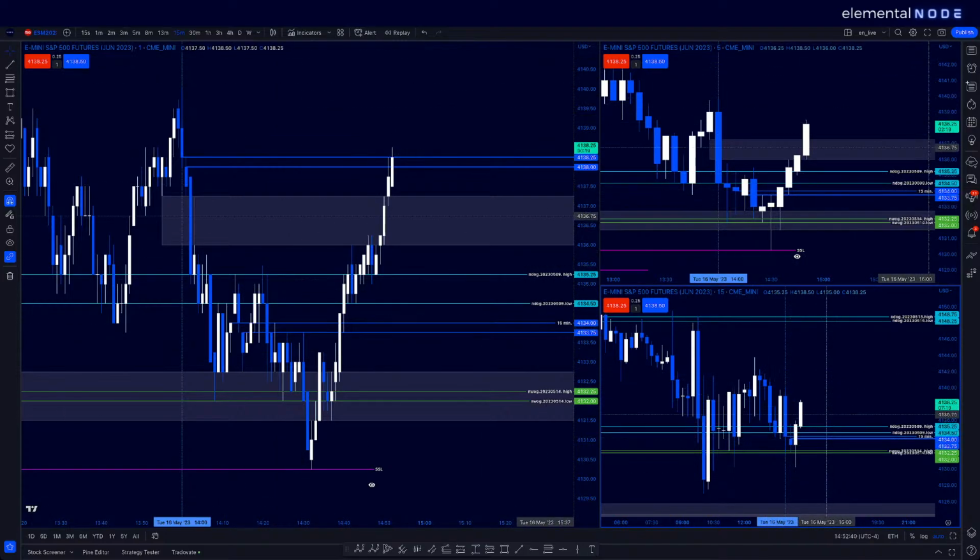We are reclaiming this new day, new week opening gap. We have formed a swing low, which we mentioned earlier, which is working against us as well.